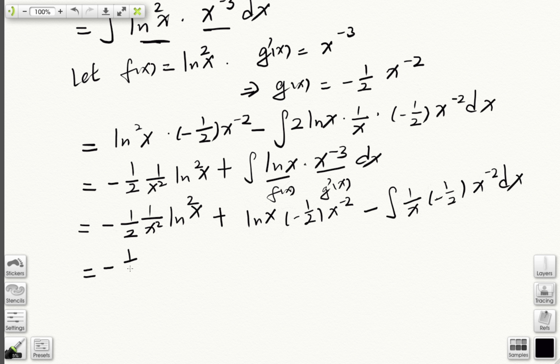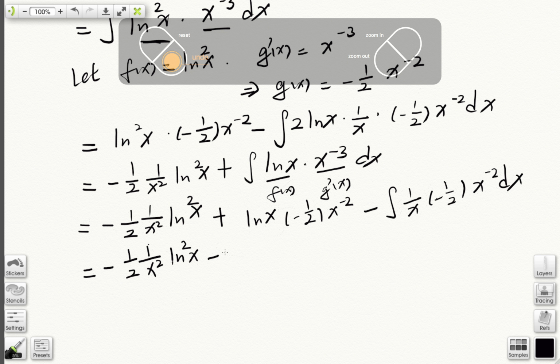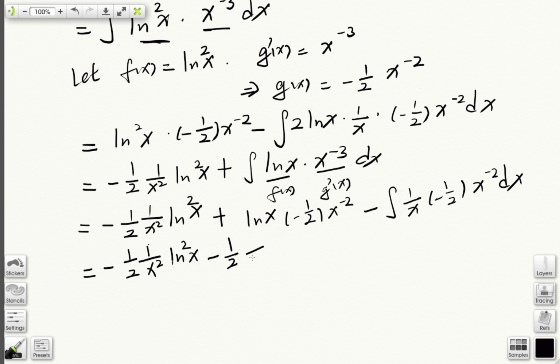So this equals minus 1/2 times 1 over x squared times ln of x squared, plus minus 1/2 times 1 over x squared times ln of x. For the last term, it is a plus 1/2 here, and we have the integral of x to the power of negative 3, which is just minus 1/2 times x to the power of negative 2, right?